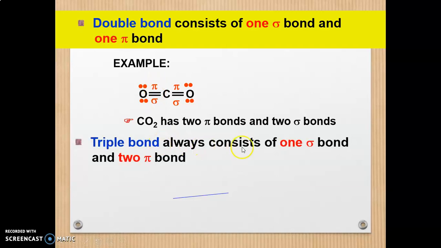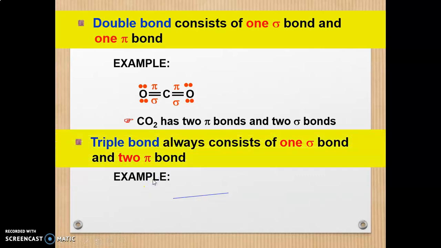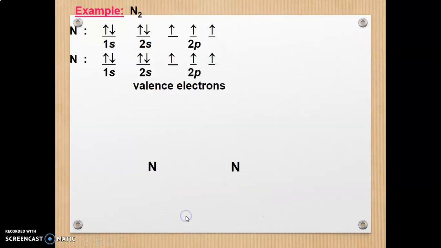Triple bond always consists of one sigma bond, two pi bond. Example, nitrogen. So this is the sigma bond. We have pi bond, two pi bond. Example, nitrogen. So this is electron configuration of nitrogen.